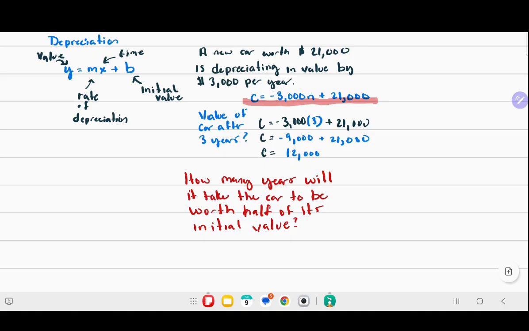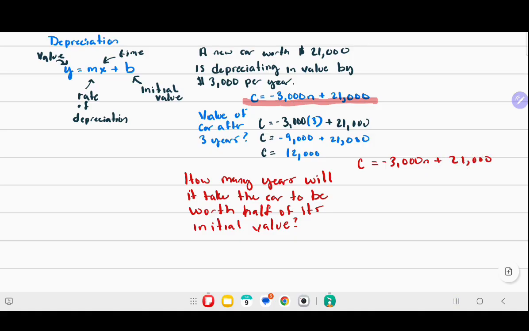So we know what the value is now. We know what C is now. What's half of 21,000? Half of 21 is 10.5. So I'll write it here. C is equal to negative 3,000 times the time plus 21,000.